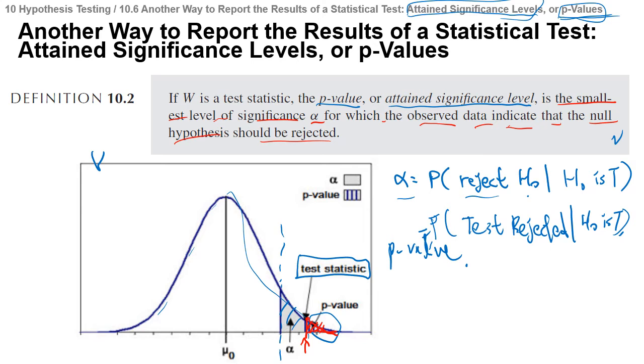So this amount would be the smallest level of significance. Maybe this is not a good expression, so just remember the definition and the meaning of the p-value is this one.